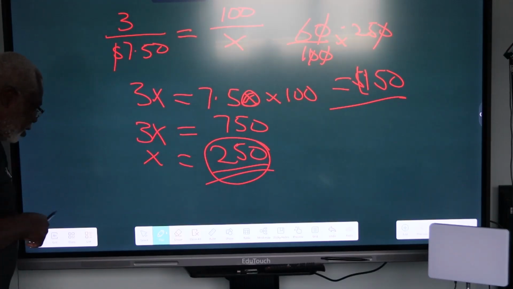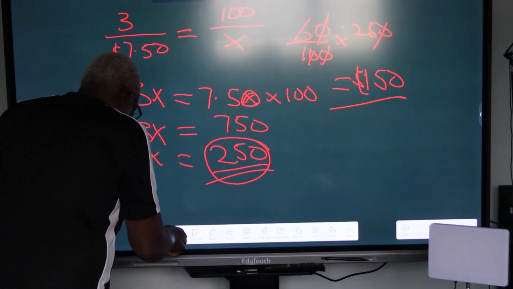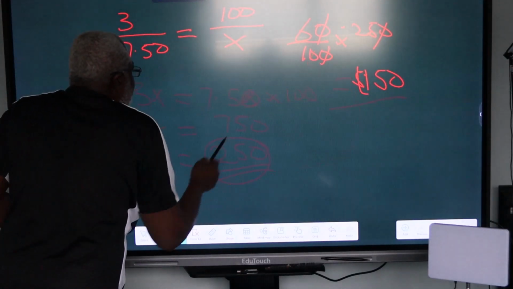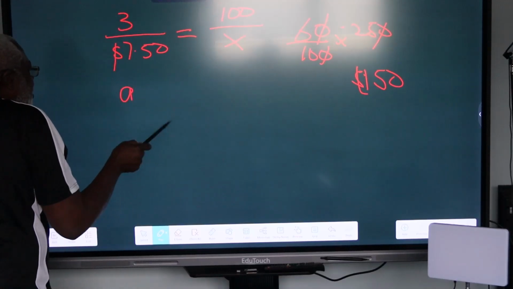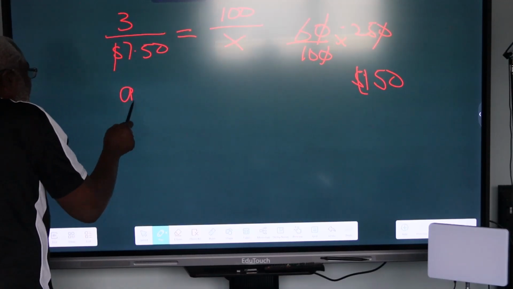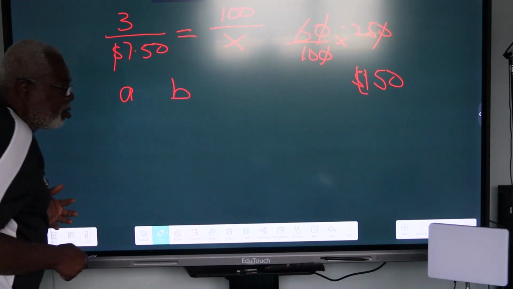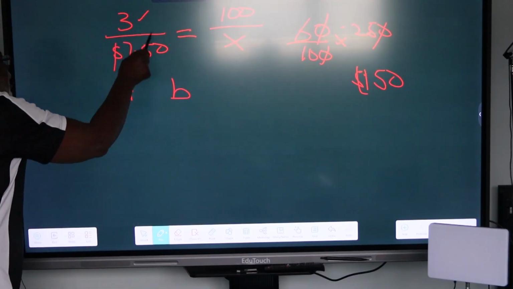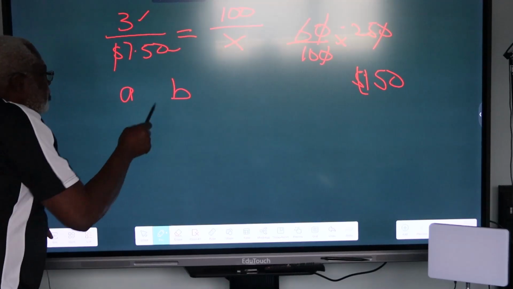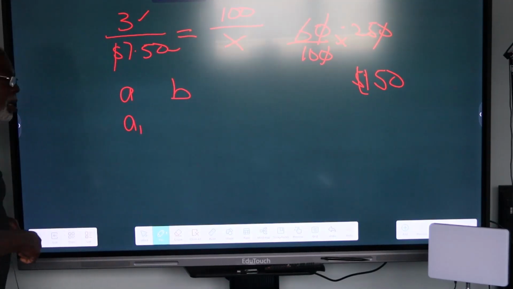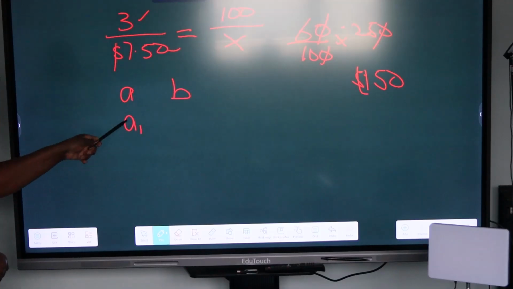Let's say you have two amounts, one is A, the other is B. When one amount is A, the other is B. When it is 3%, the other is 7.50. What is B when A becomes A1?